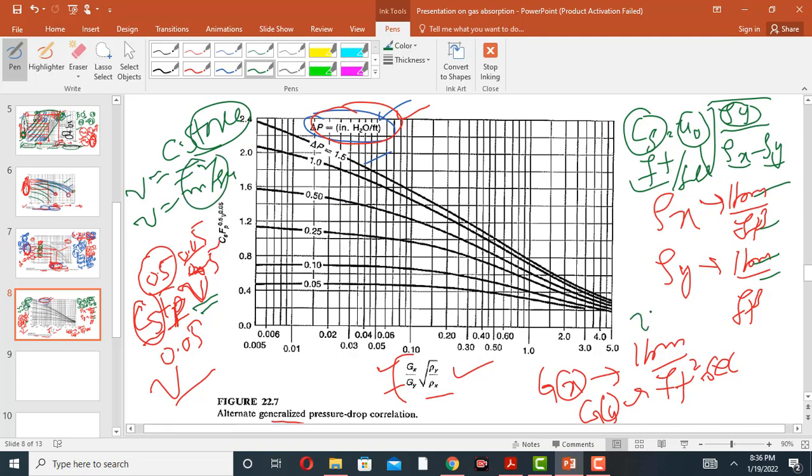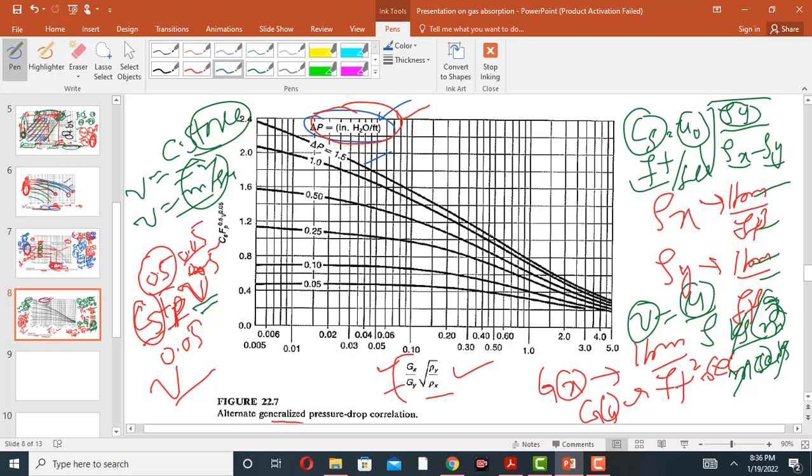Kinematic viscosity is nothing but viscosity divided by density. The unit of viscosity is kilogram per meter into second. If we divide it by density, in kilogram per cubic meter, the units combine to give meter square per second. So the unit of kinematic viscosity is meter square per second or centimeter square per second.